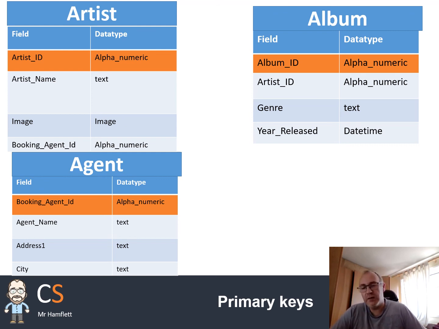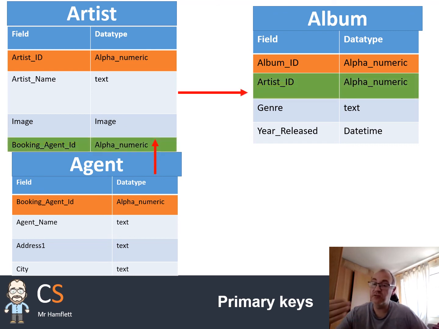Foreign keys can be a little bit more subtle, but remember the secret behind it. The foreign key is going to point to the primary key of another table. Therefore, now that we know what the primary keys are, we look for where those keys exist in other tables. So the artist ID, you can see, is here in the album table. And we can see the booking agent ID is in the artist table. So straight away, we've got two foreign keys here.